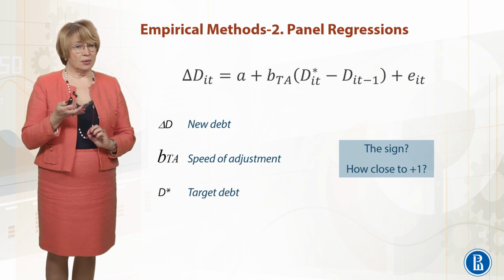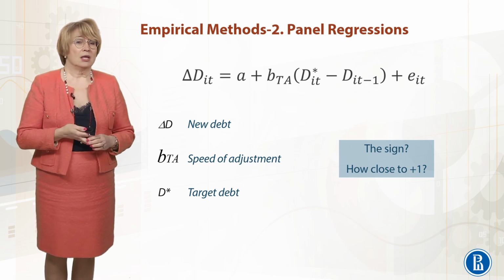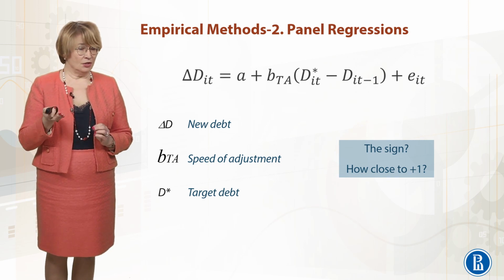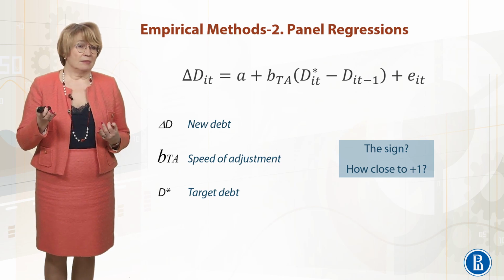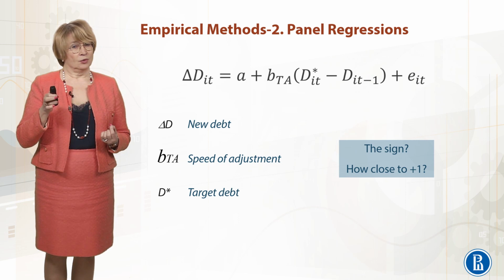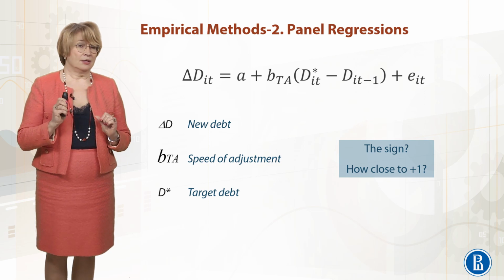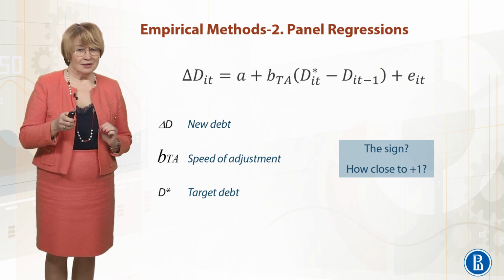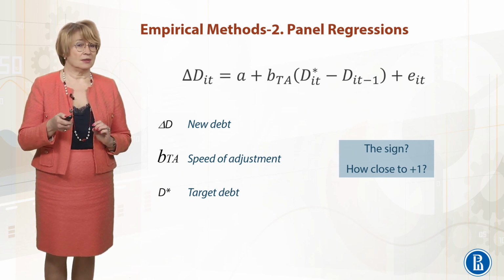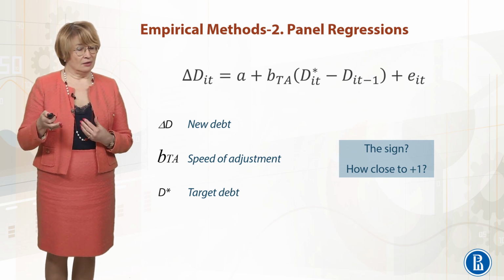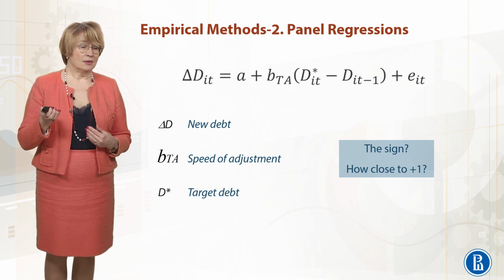If you look now at that equation which describes the logic of the particular analysis, you will see on the left side the change in the amount of debt of some company i at some year t. If you now look to the right side of the equation, you will see in brackets the difference between the target amount of debt of a company i at that particular year t and the previous level of the debt of the company in the year t minus 1.